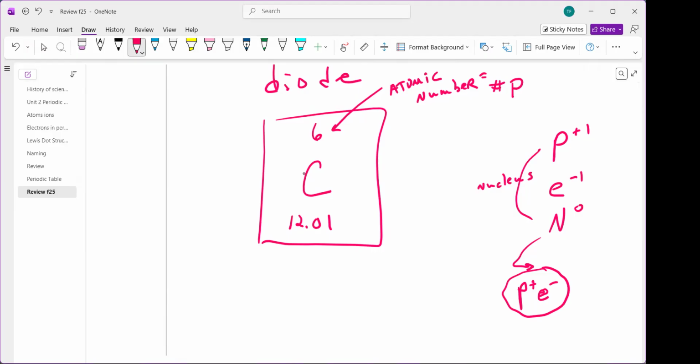So you can say there are electrons in the nucleus as well, because they're buried inside of a neutron. Most books don't say that. But if you study nuclear chemistry, that's where a beta particle comes from, inside the nucleus. A beta particle is an electron. Okay, so this is the number of protons. So carbon has 6.